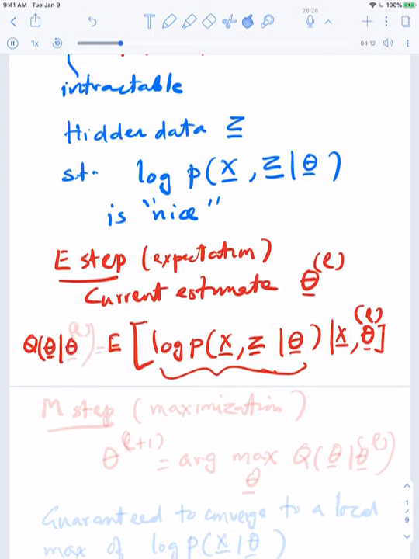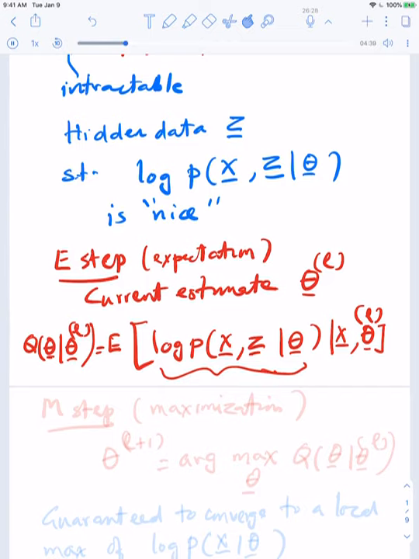And of course, it will depend on the current value of the parameters, because I'm conditioning on that when I'm averaging out Z. So basically, that expectation gives me this function Q of the variable we are interested in optimizing over, and it's of course a function also of the estimate that we have so far, that is theta L.